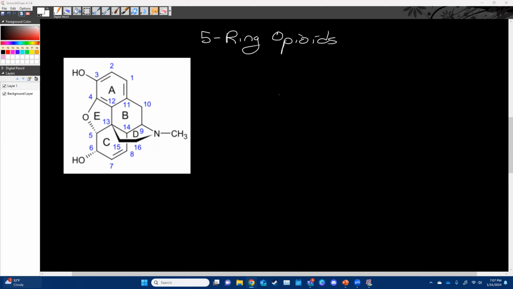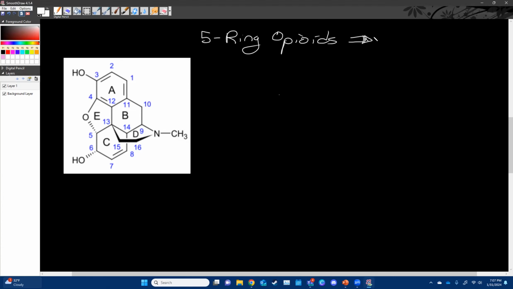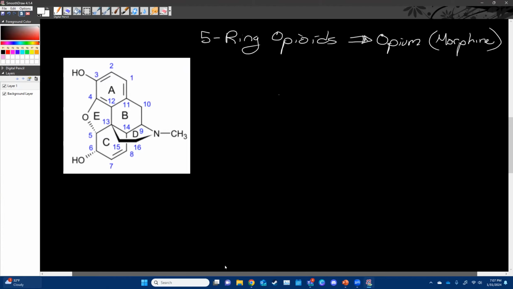So, for example, the first group is the 5-ring opioids, and these came from morphine or opium. Opium is the latex from the poppy plant, and the major component of opium is morphine. So a lot of these 5-ring structures are going to be called our morphinians.